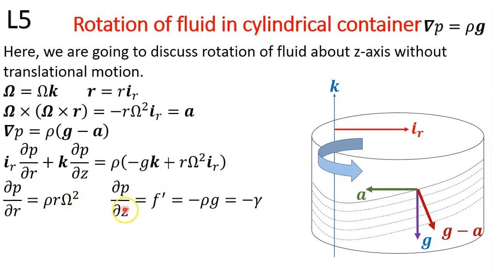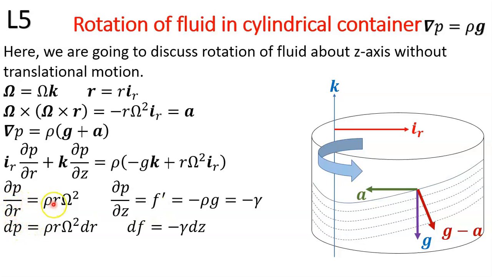Now del P by del z we were discussing, that is equal to minus rho into g, which we can write as minus gamma, and in advance I am writing that this derivative is the derivative of some function with respect to z, and that function I am indicating as f dash.